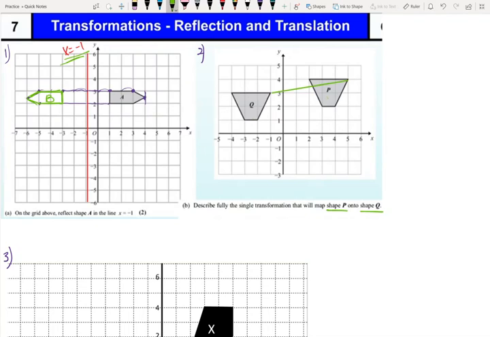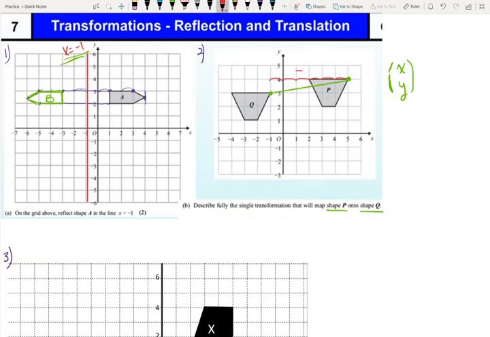And we have to count from this vertex to this vertex how many units we moved, the x first and then the y. So along the x-axis first, then along the y-axis. So let us count. It's 1, 2, 3, 4, 5, 6.